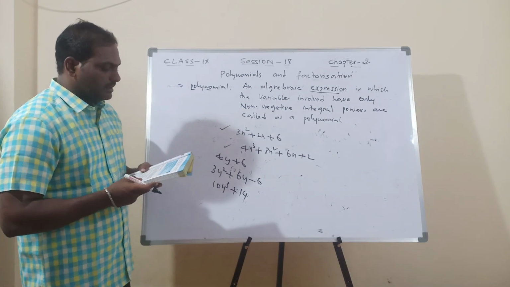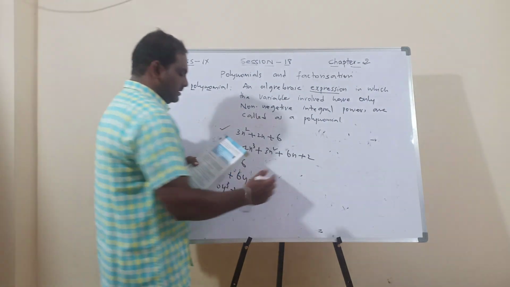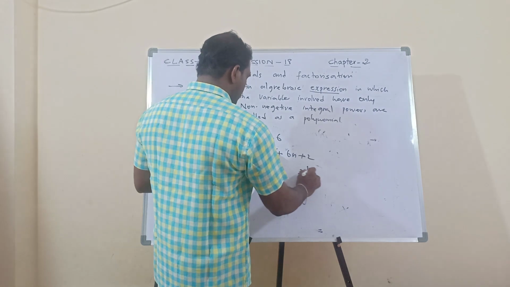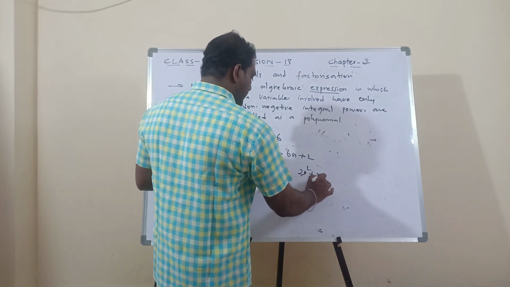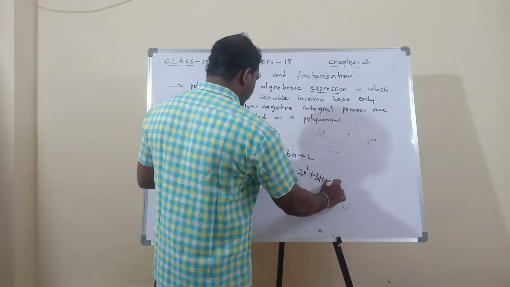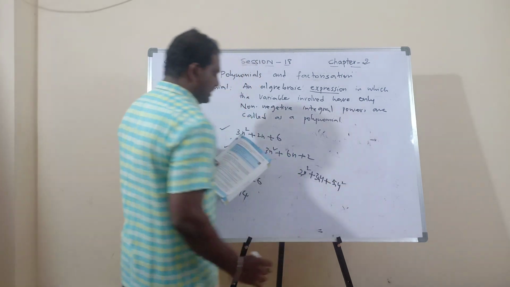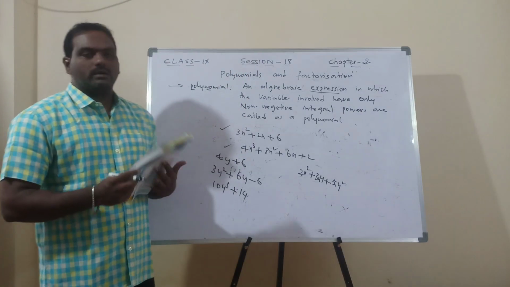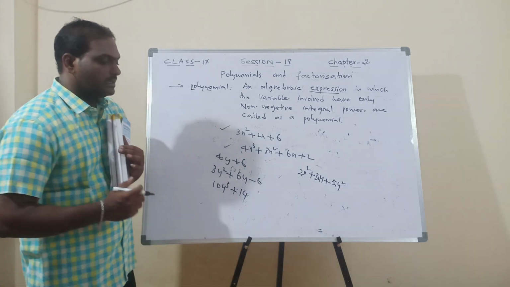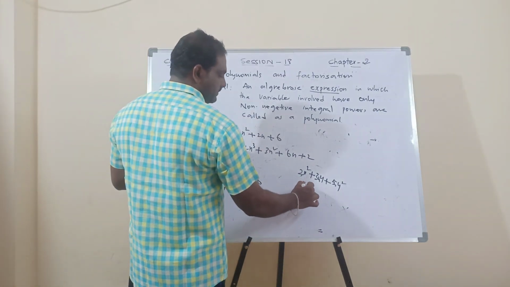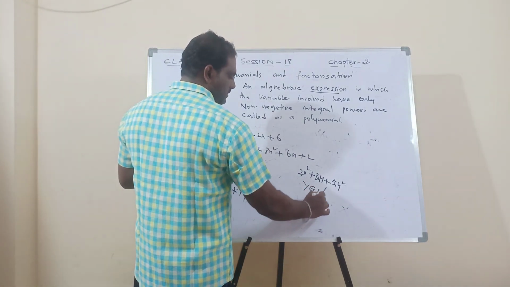Next, one more is given. Is the polynomial 2x square plus 3xy plus 5y square in one variable or not? What's your answer? Yes or no? Is it one variable or not?